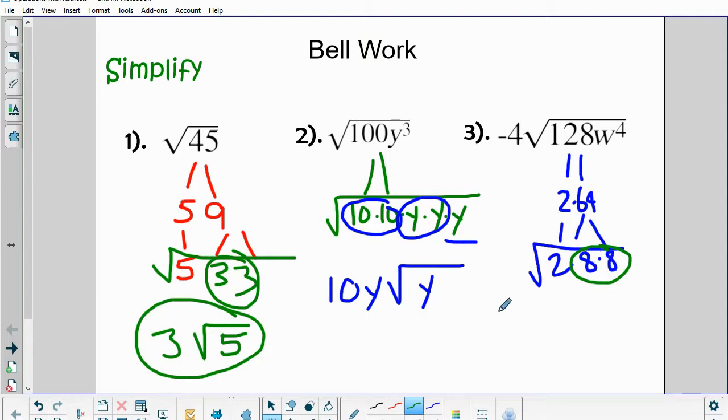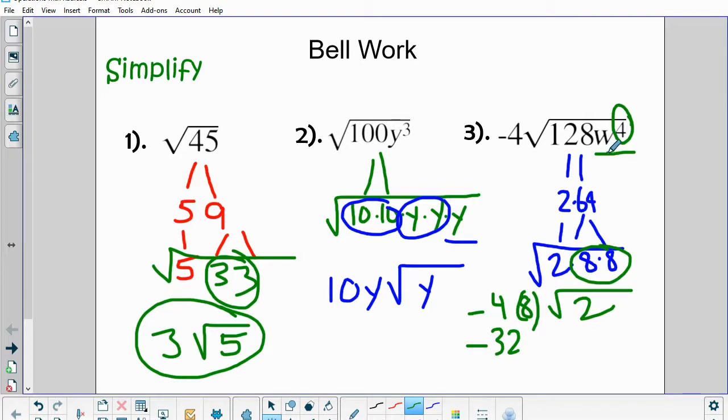So I'll take that out front, and I will have -4 times one of those 8's, and I'll have 2 left inside the radical. But what about the w's? Now remember on our last lesson we said if you have an even number of exponents, all you have to do is divide that number in half to take the square root. So you can bring a w to the second out front, and you will have -4 times 8, which is -32.